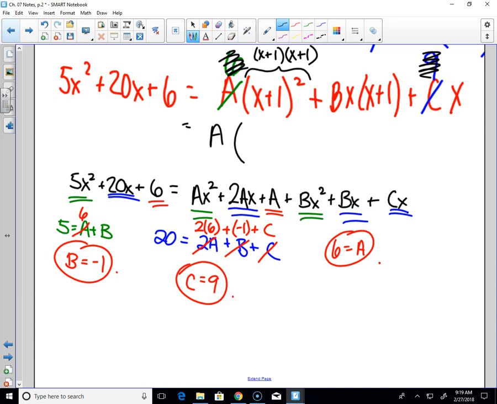It's a nasty shortcut in my mind, but it does work. You could have rewritten it and gotten x squared plus 1x plus 1x, which is plus 2x, and then plus 1. Then I would have distributed. Then we would have brought that A in.